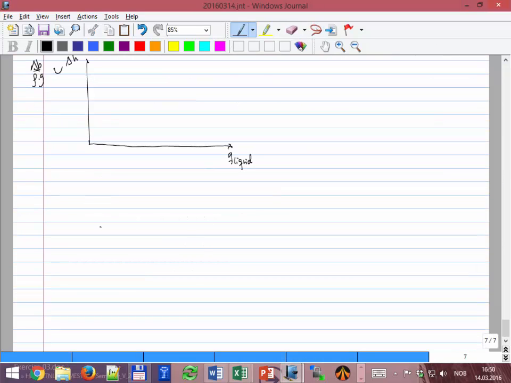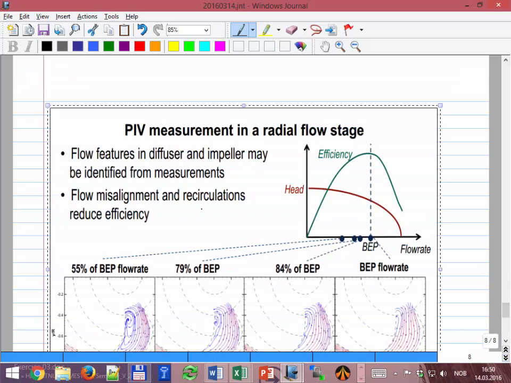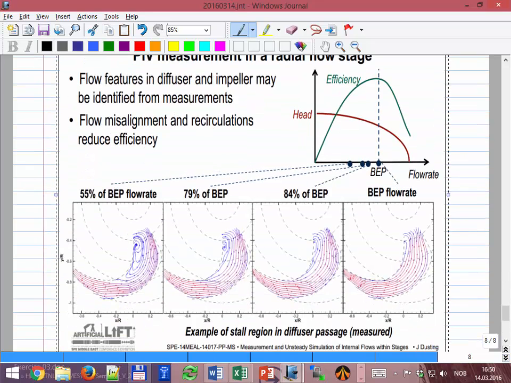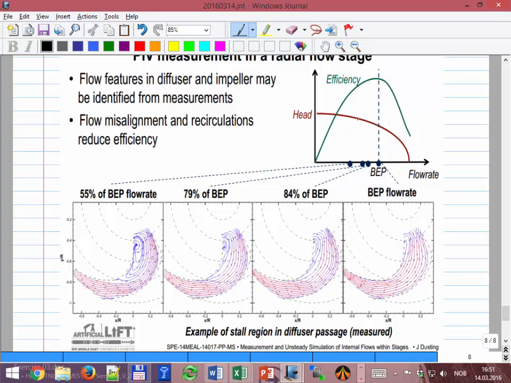Okay, so let's talk a bit about efficiency. Okay, so that's this head curve versus flow rate. You see that these are the passages I showed you.